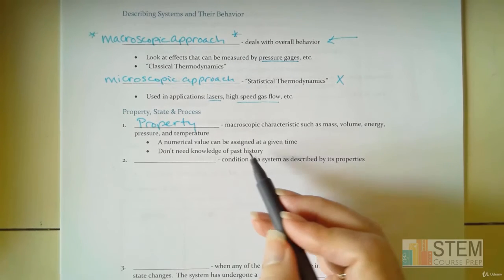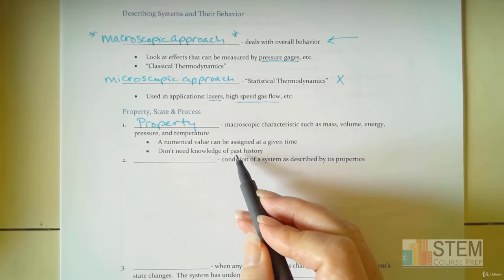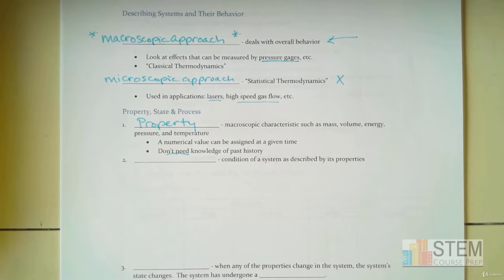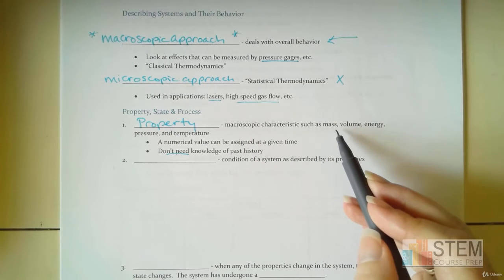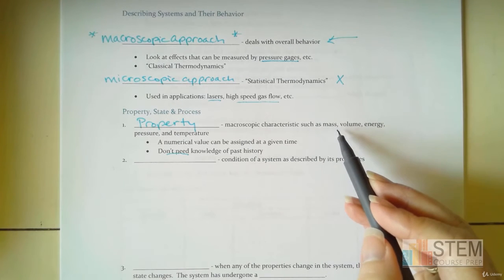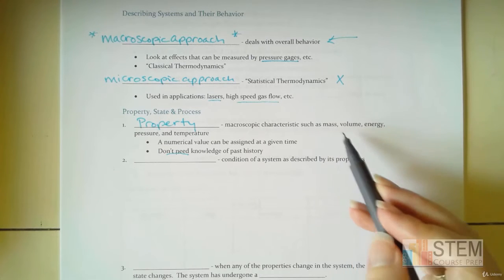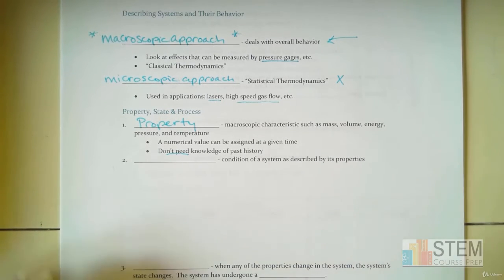And to assign that value, we do not need to know the past history. So if I want to know the mass at 10 seconds in an experiment, I don't need to know the mass at 2 seconds, right? Because they're not really related to each other. We don't need the past history. So that is a property.